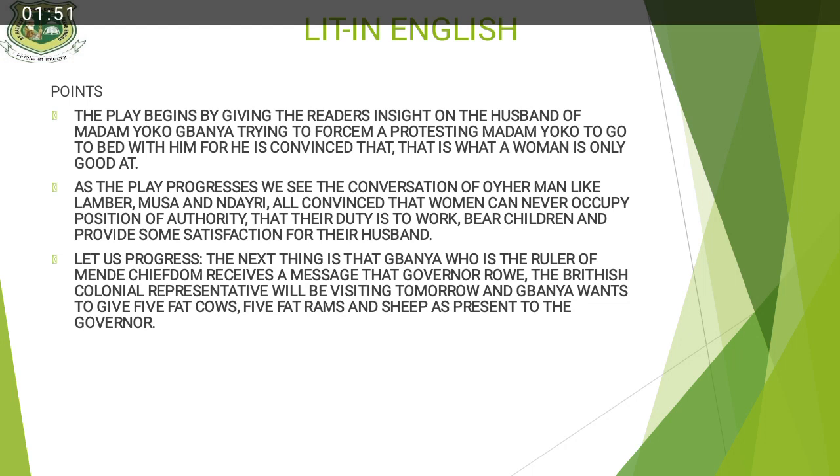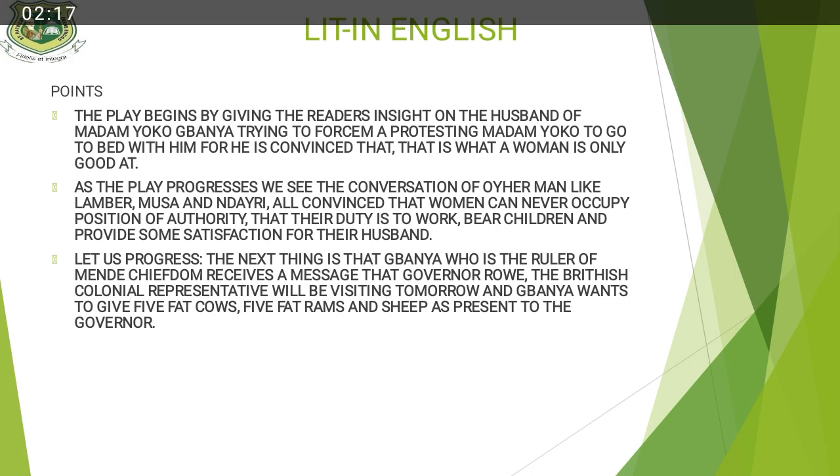As the play progresses, we see the conversation of other men like Lembe, Musa, and Dapi, all convinced that women can never occupy a position of authority, that their duty is to cook, bear children, and provide some satisfaction for their husbands.